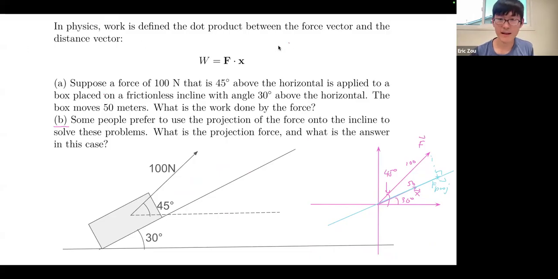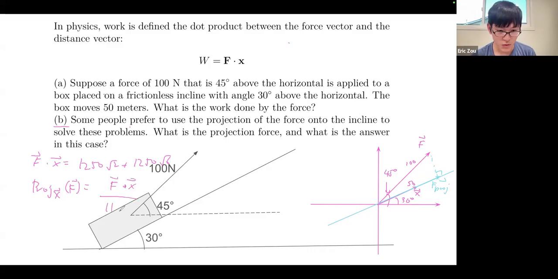But we can use the projection formula. In the projection formula we need to find f dot x. So this is really dumb. f dot x, remember, is 1250 root 2 plus 1250 root 6. So the projection of f onto x is equal to f dot x over x norm squared times x.